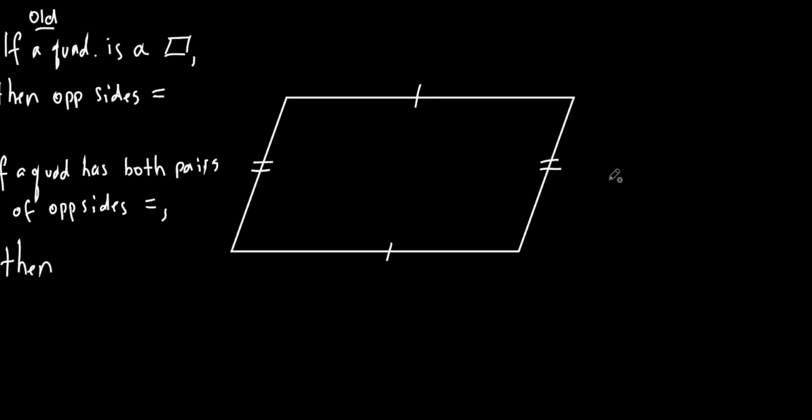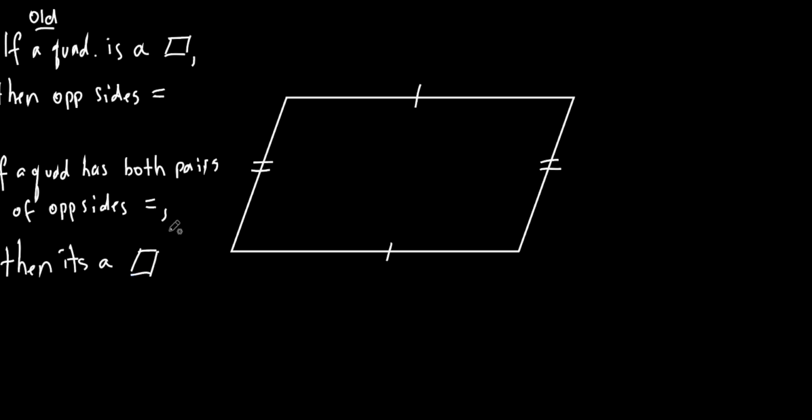So again, I did not tell you that was a parallelogram to begin with, did I? But you could see that it's a quadrilateral. And I gave you some information. I told you that these two sides were equal and these two opposite sides were equal right here, okay? So our theorem now says if a quadrilateral has both pairs of opposite sides equal to each other, then this thing is a what? Then it's a parallelogram. And I'll just do the little picture for parallelogram.